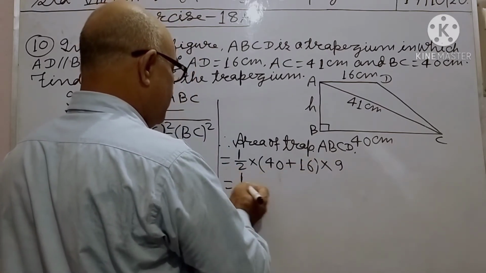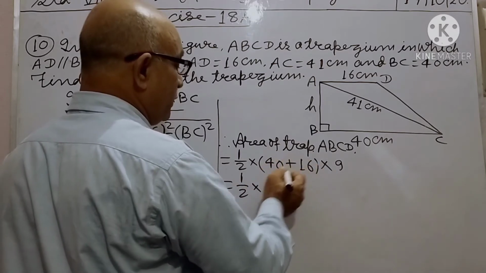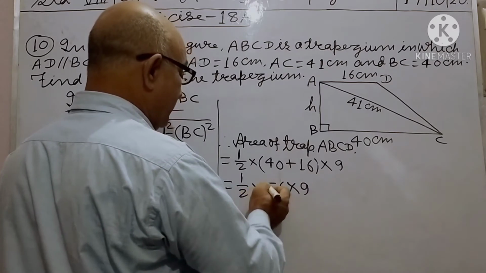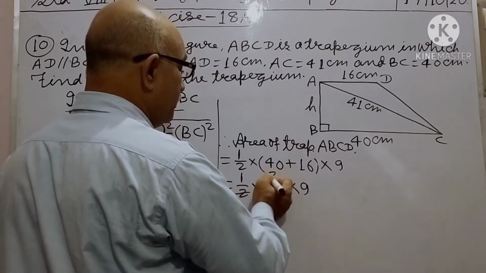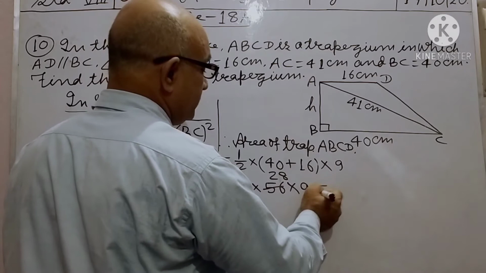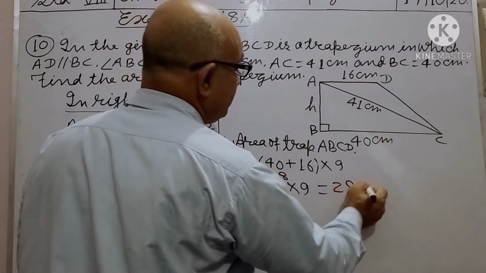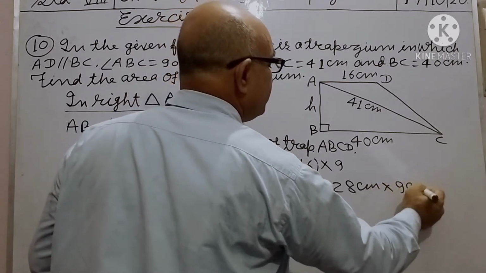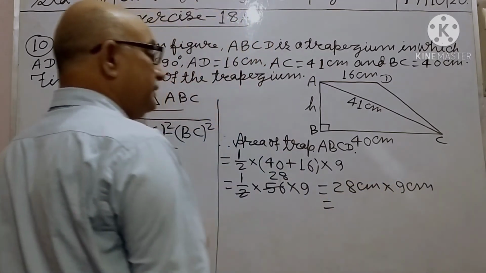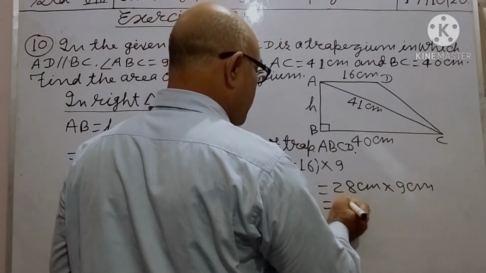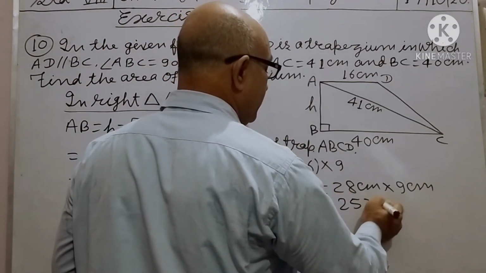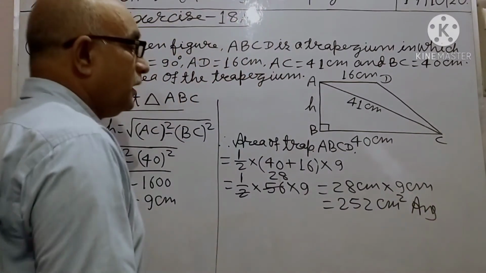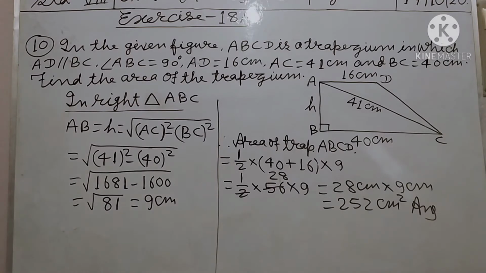Equals 1 by 2 into 40 plus 16, 56, into 9. 56 divided by 2 is 28. Equals 28 cm into 9 cm. 28 into 9 equals 252 cm square. Answer of this question. Students, understand and write it.